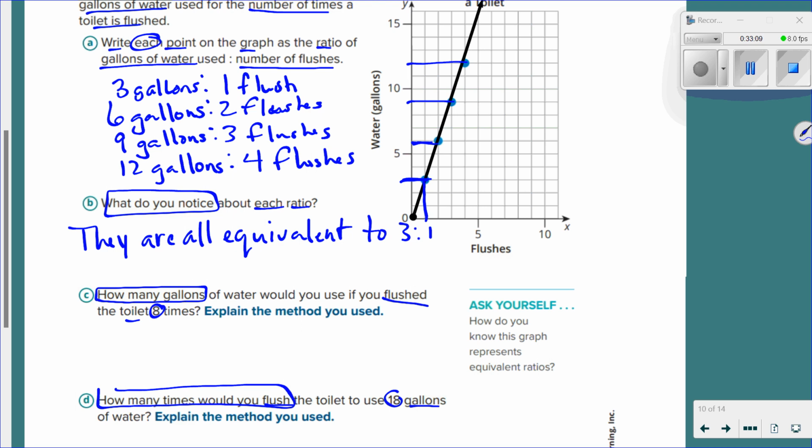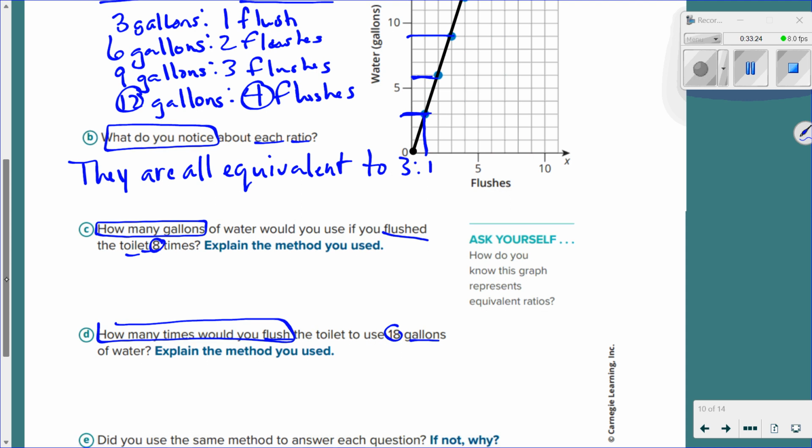Okay? So how many gallons of water if I flushed 8 times? In other words, if I have 8 flushes, for me, I'd go to the 4. 4 times what gives me 8? 2. So what am I going to do to the 12? Multiply by 2. So for me, explaining the method, I use multiplicative reasoning. Mostly because my graph isn't big enough.